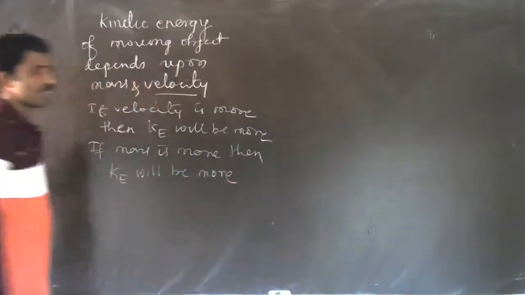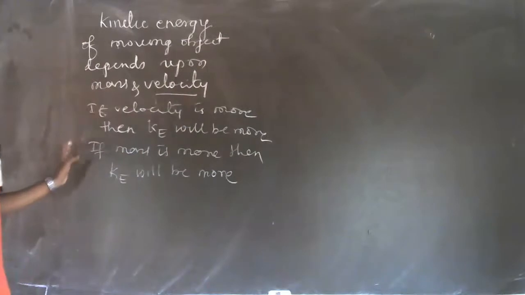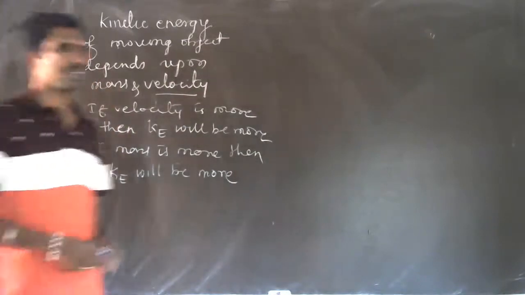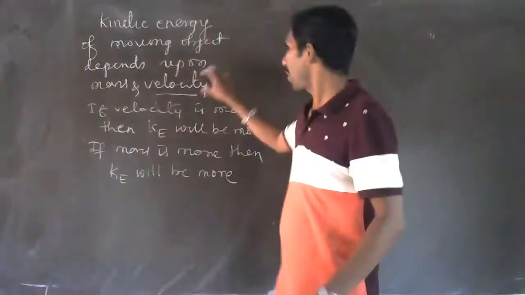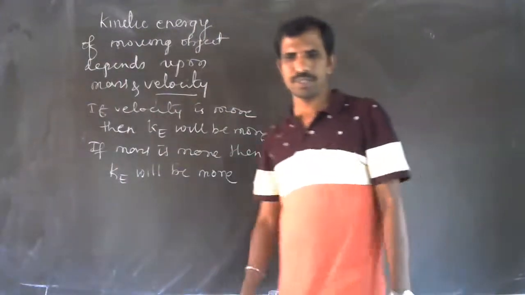Vice versa, if velocity is less, kinetic energy is less. You can prove all these statements by numericals. Understood?